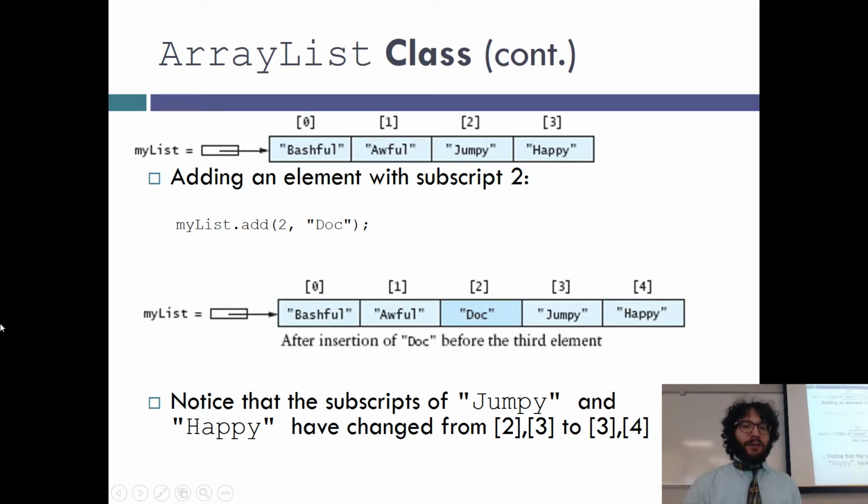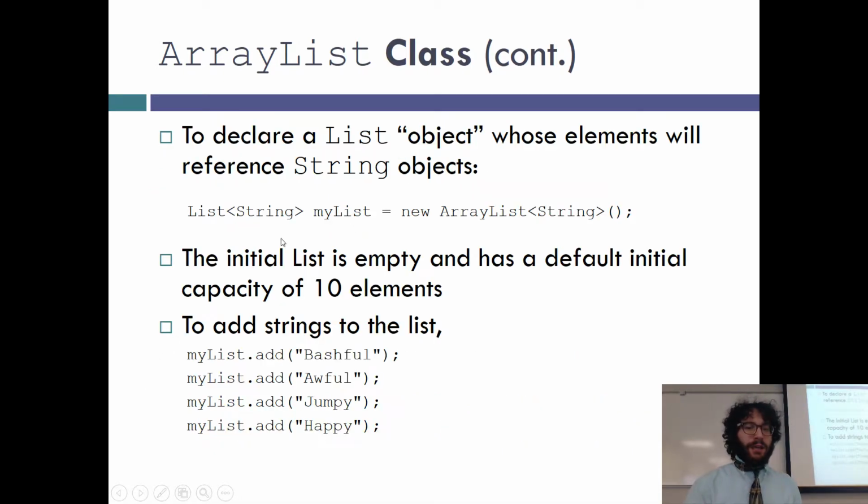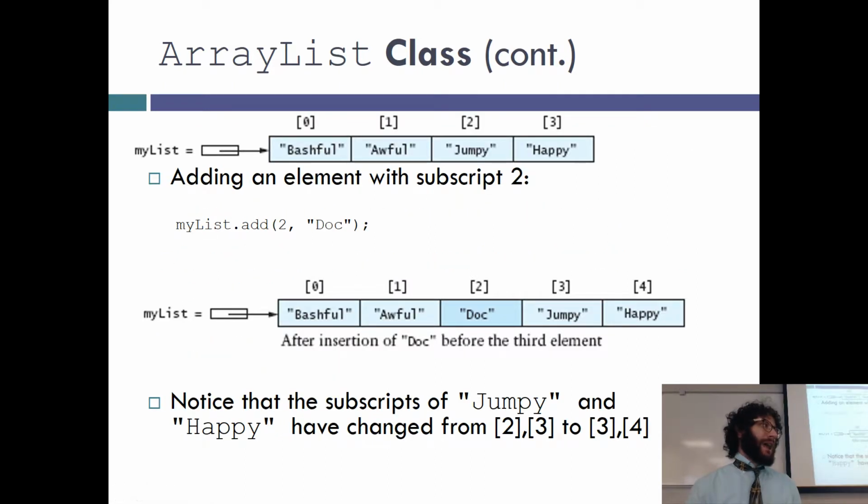That's if we provide one argument for add. Add is overloaded though. There are actually a couple of different add methods. To add an element with subscript 2, in other words, to put this in where index 2 is, I can say add the index I want to add it to and what I want to add.